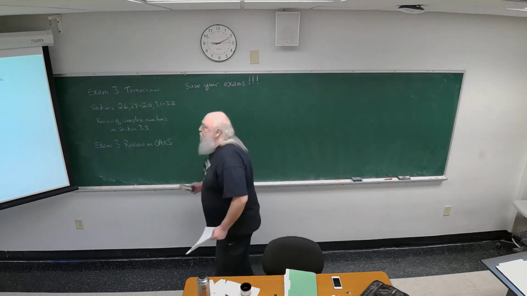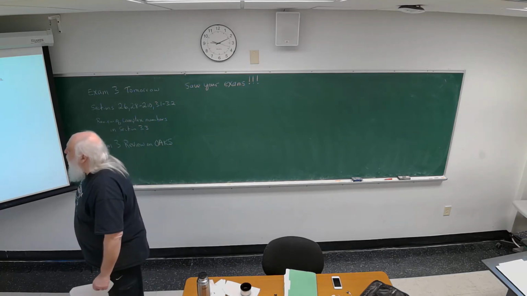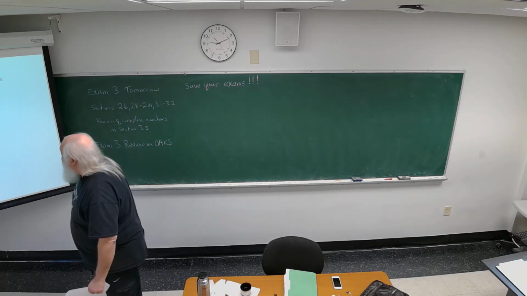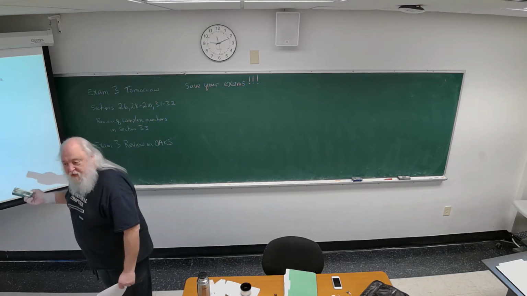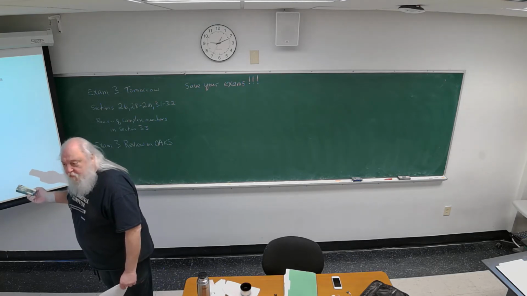So example 8 reads, verify that x equals minus i is a zero of a polynomial function, f of x, and find all the other zeros. So what's the degree of our polynomial function? Anybody know? 4.